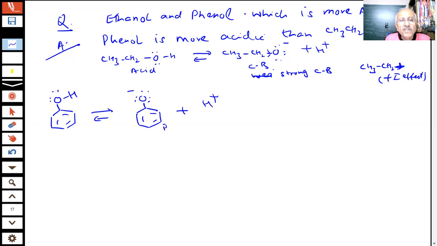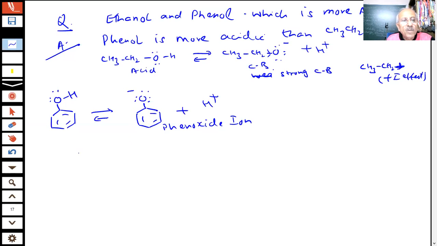This ion is called phenoxide ion. Now there is a lone pair of electrons and a conjugated system. The benzene ring can withdraw these electrons through conjugation. The negative charge is dispersed, not only on oxygen; it can spread on the entire benzene ring.